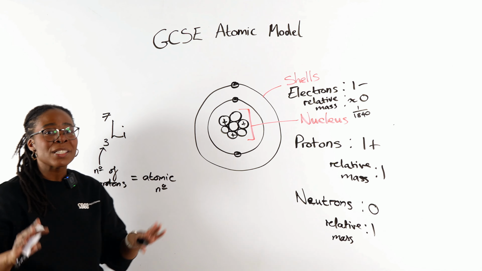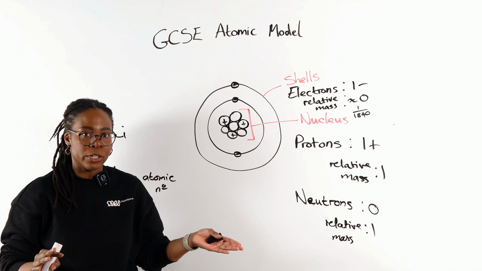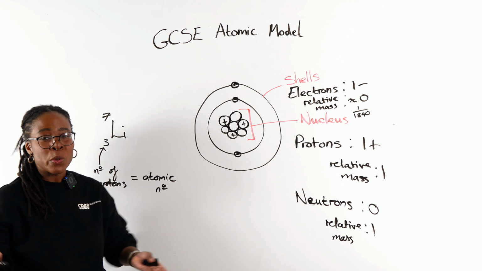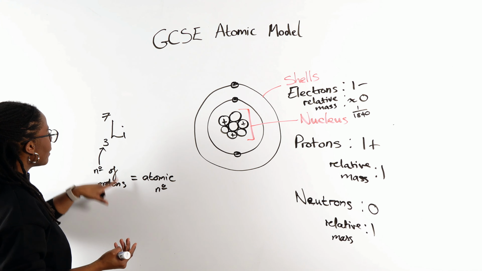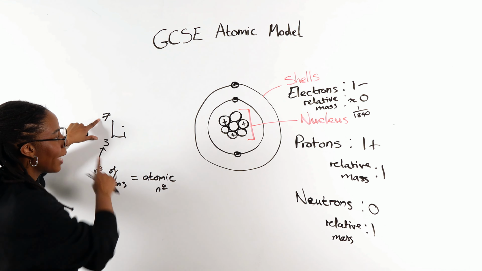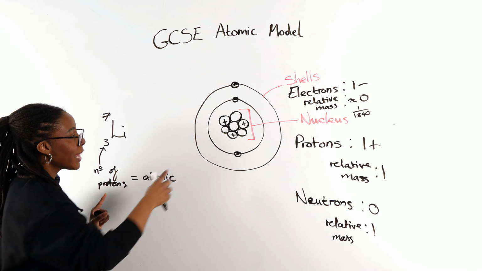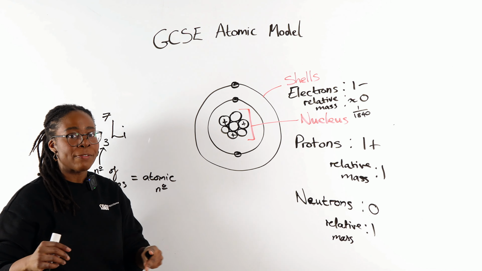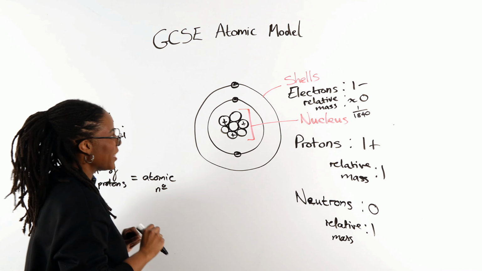The atomic number defines which element we have. So every single element on the periodic table has a different atomic number, a different number of protons, which is how we know which element we're dealing with. Then if we look at the number at the top, 7, and again, if we relate it back to our diagram, you can hopefully spot that there are 7 subatomic particles within the nucleus, or 7 nucleons if you want to be fancy and if you're a physicist as well.